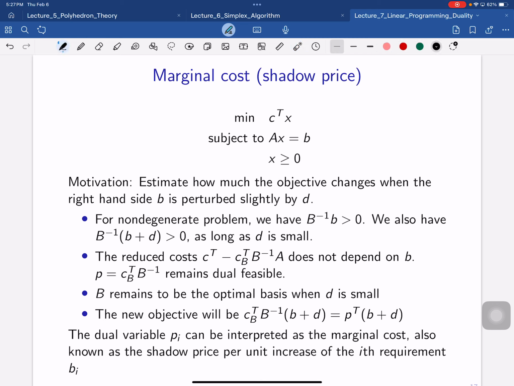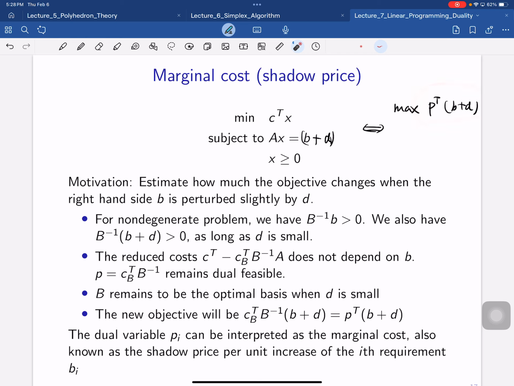If you perturb b to b plus d, then the dual of this problem is the maximization over p of p transpose times b plus d, because you perturb the primal by d, then the dual objective is perturbed by d as well.